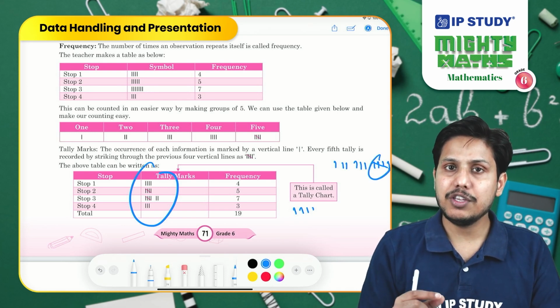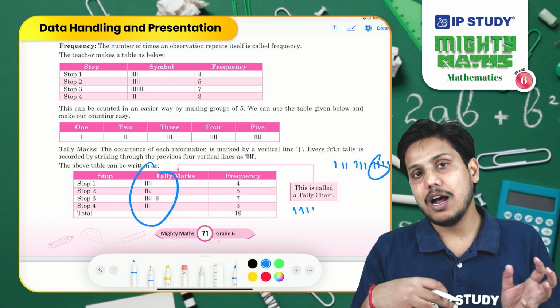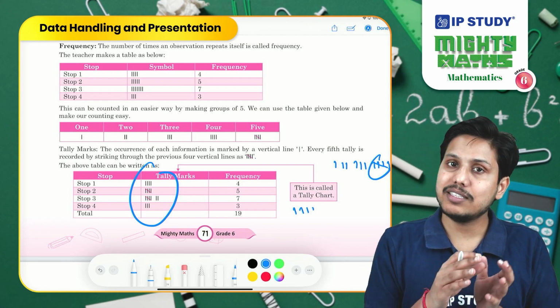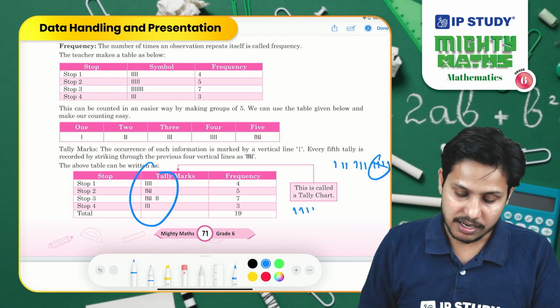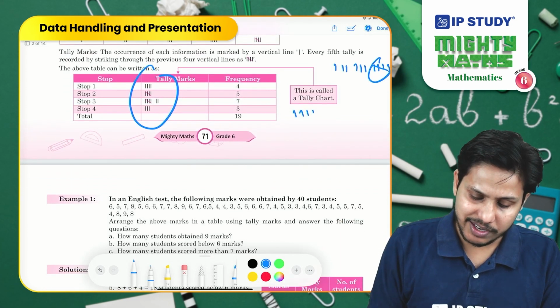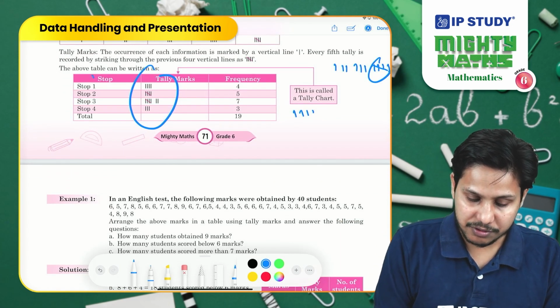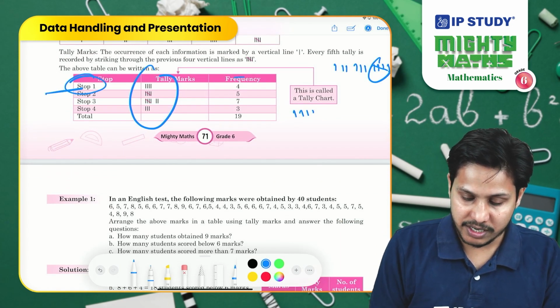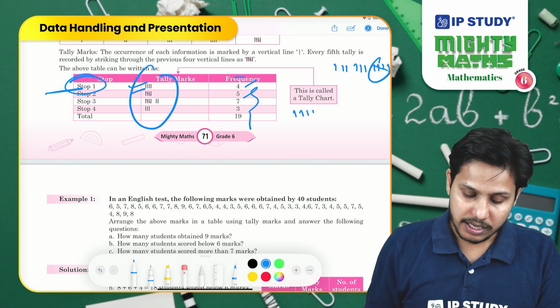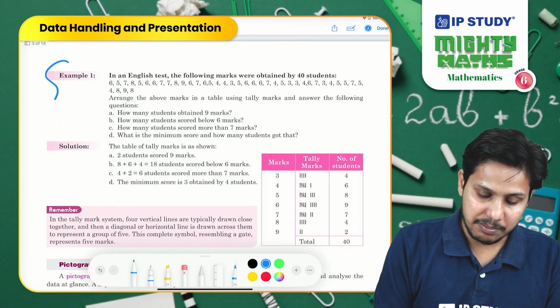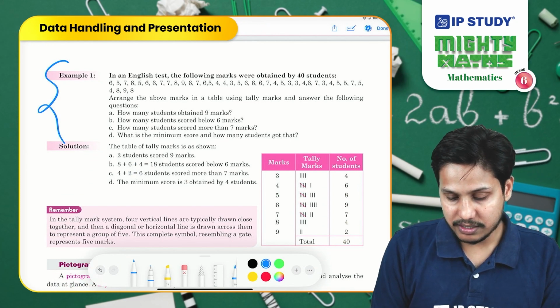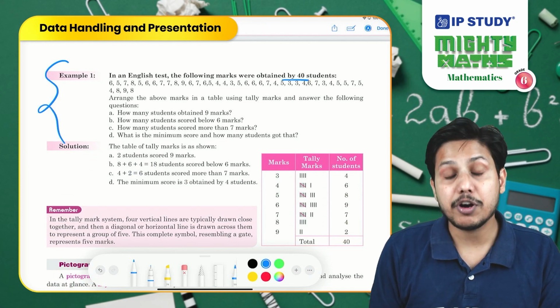So in tally marks we use vertical lines, and after every 4 vertical lines we have a slanting line to represent the number 5. So here we can see the number of students for stop 1 represented using tally marks, and for the others also. Clear? Now here is also one example of an English test. The following marks were obtained by 40 students.